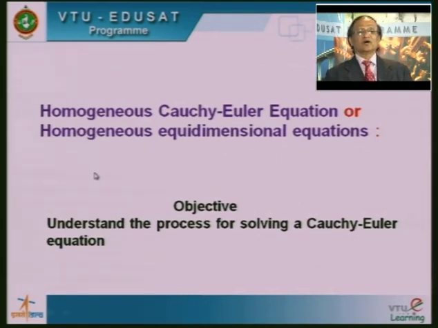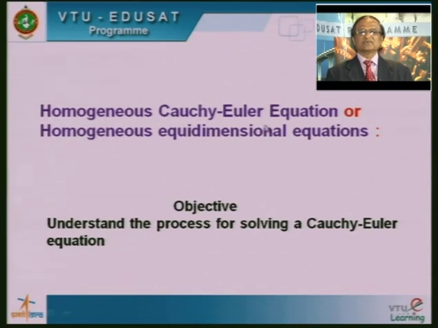So, such type of equations you may call a homogeneous Cauchy-Euler equation. According to our curriculum, I want to discuss or solve an equation of the type Cauchy-Euler equation, or sometimes we may call it a homogeneous equidimensional equation. Both are the same.